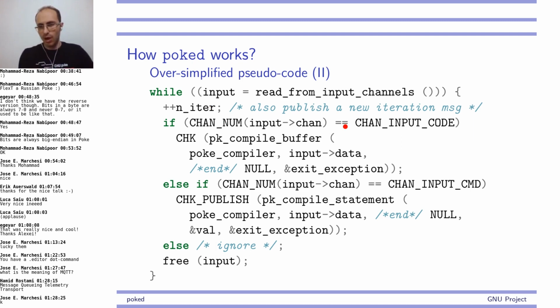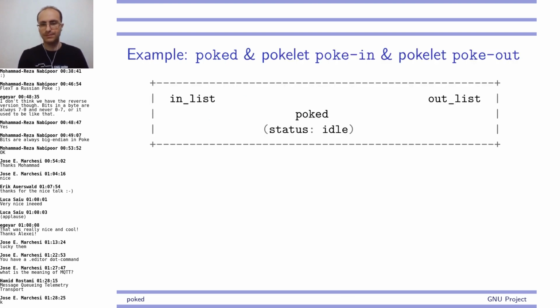So we are checking the channel number. If it's input code from the code channel, we give it to the compiled buffer. Otherwise, if it's the command input, we give it to check publish, and we publish the value to the output. Let's ignore other channels because it's not important.